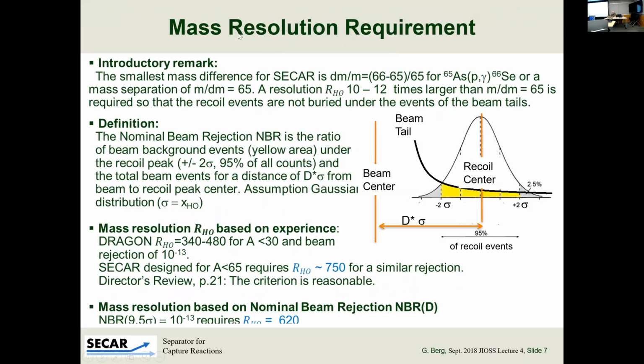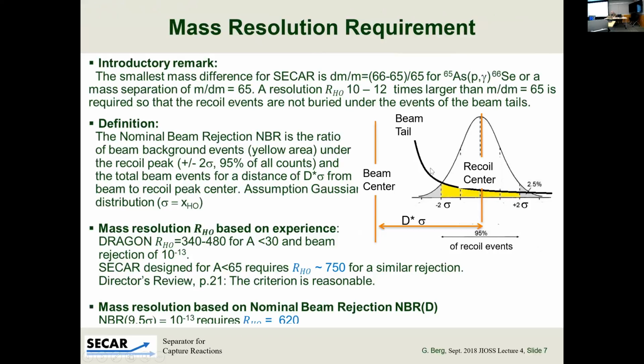So the mass resolution. In order to get a mass separation of 10 to the minus 13, you need to separate the masses, and the question is how much? If you look at the smallest mass difference, it's only 1 in 65 for the worst case, so the mass separation should only be 65.